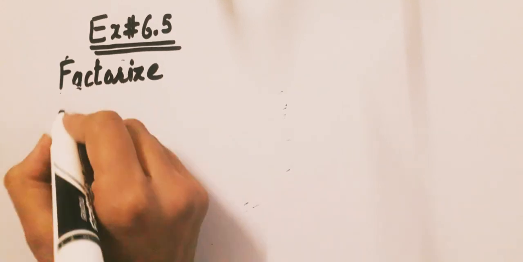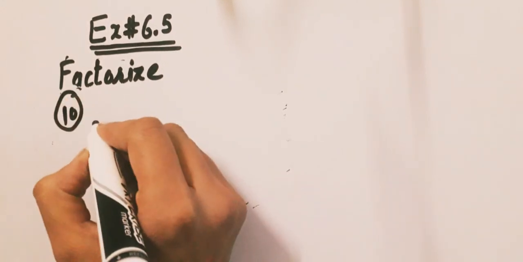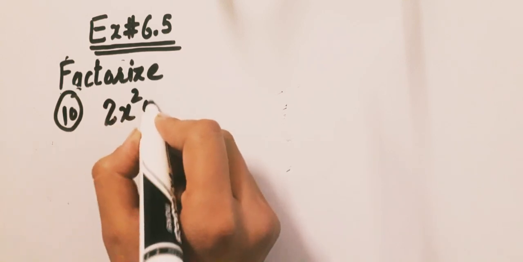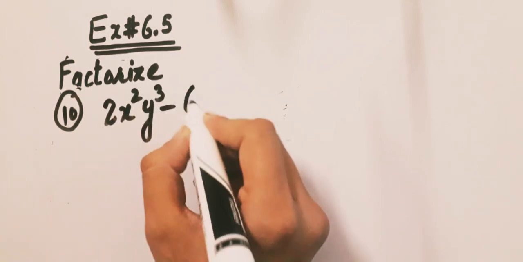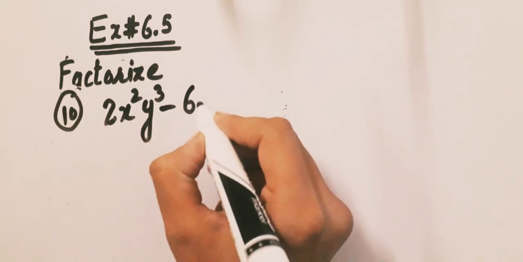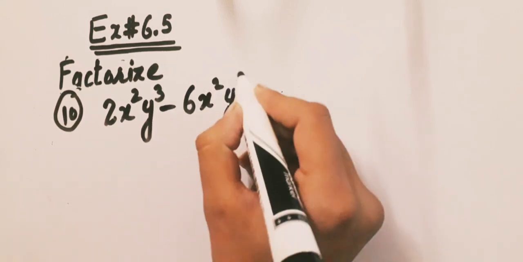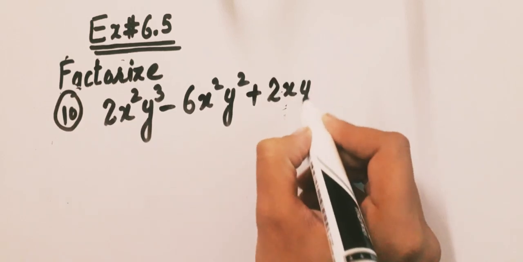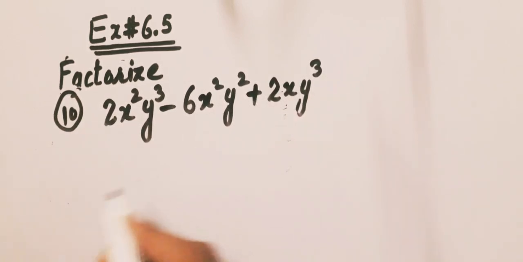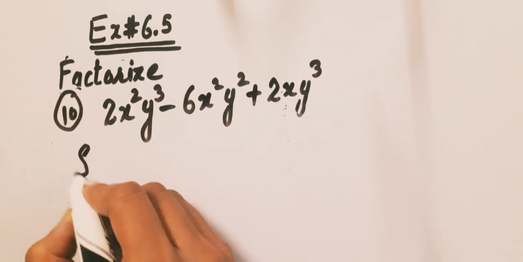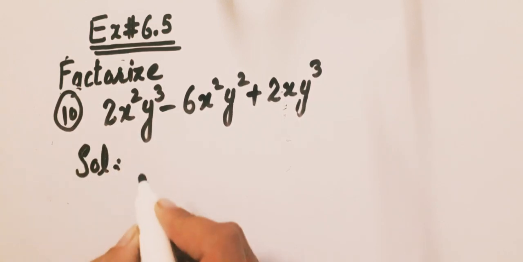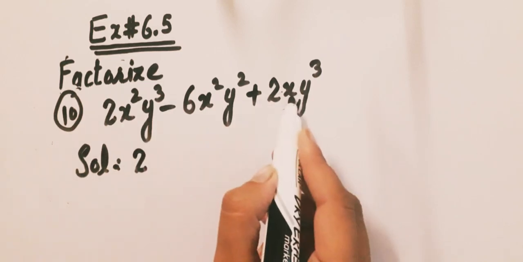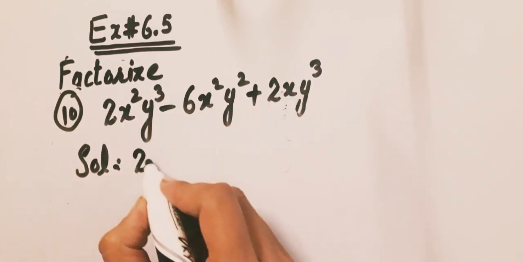Now we will solve part 10. That is 2x square y cube minus 6x square y square plus 2xy cube. Now first of all you will take 2 as common. X square and x, x raised to power 1 is the smallest.